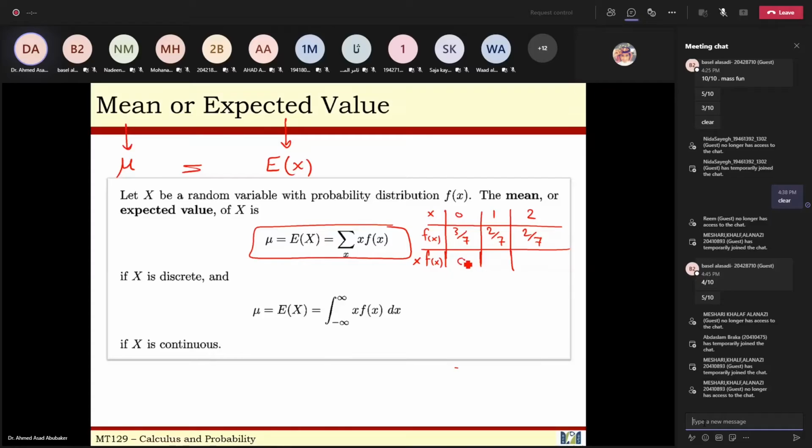This is equal to 0, then 2 over 7, then 4 over 7, so the mu, or expected value, equal to the summation of x multiplied by f of x, equals 6 over 7. Okay. If we have a density function with a continuous random variable, we must find it by this formula, the integral from minus infinity to infinity of x f of x. Okay.